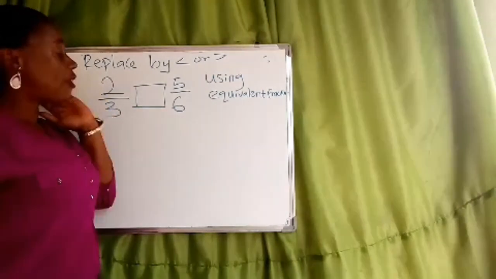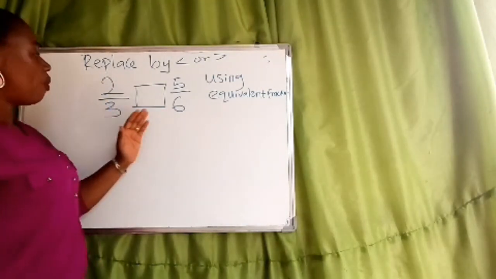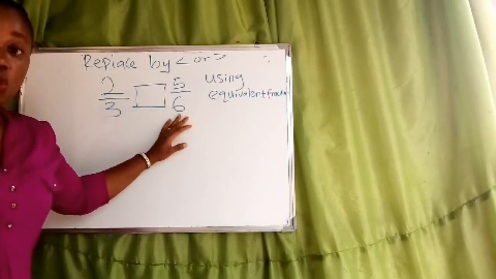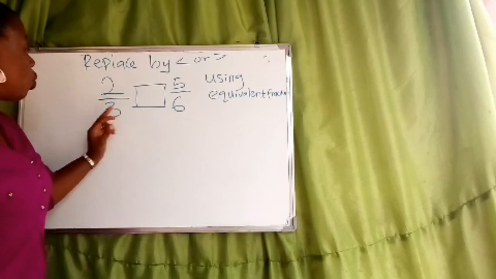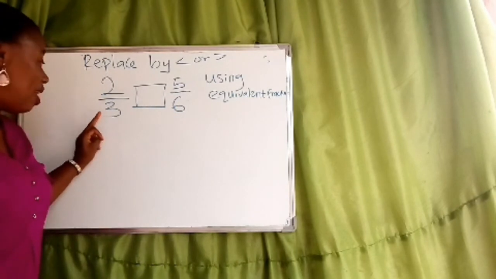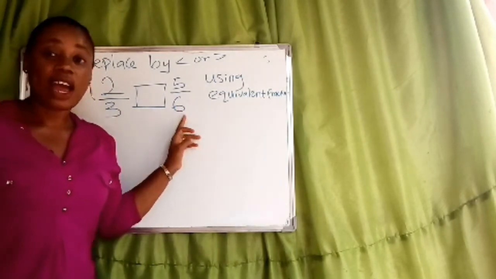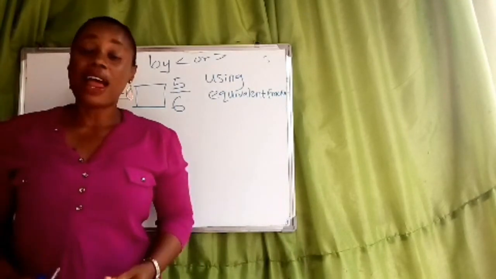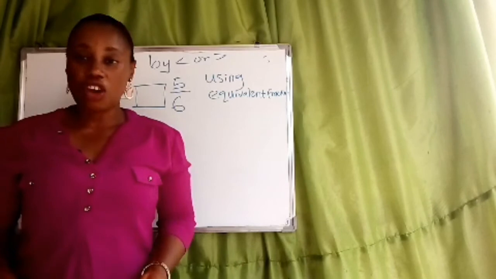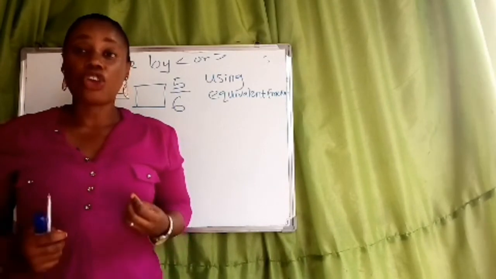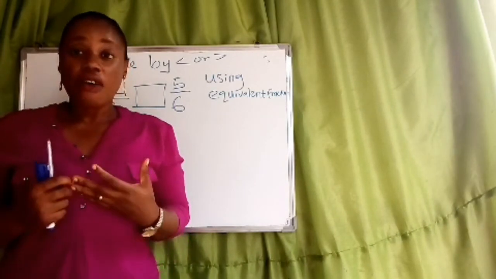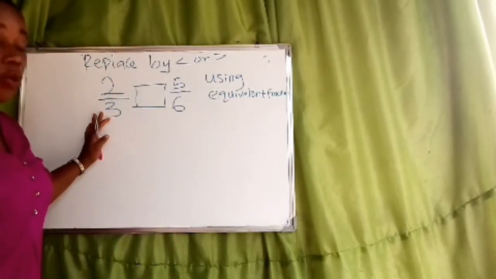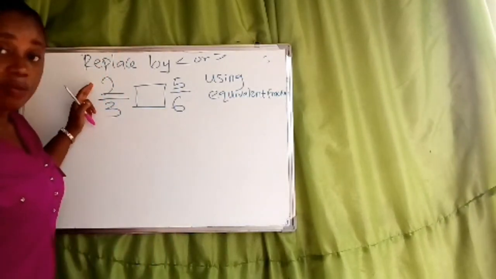To use the equivalent fraction method, we have 3 here and we have 6. We have to make the denominators the same. So we have 6. You think of a number that when you multiply by 3, you have 6. And when you arrive at that number, you use that number to multiply both the numerator and the denominator of that fraction before you arrive at the equivalent fraction. You have 2. So we use 2 to multiply the numerator and the denominator of this fraction.